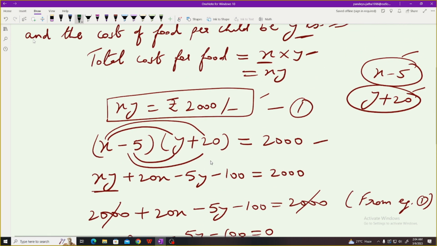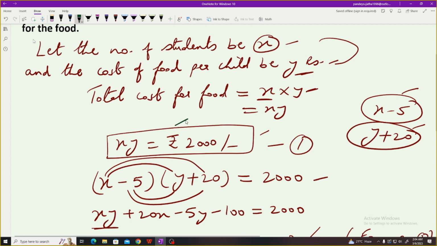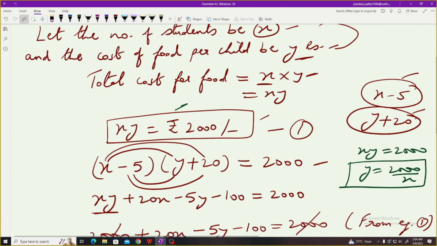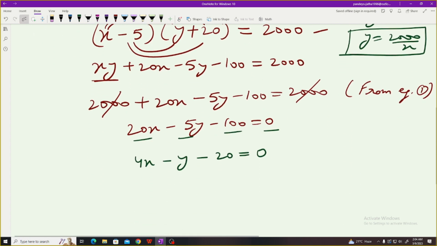Replace the value of y. Since xy is equal to 2000, y will be equal to 2000 upon x. So in place of y, we are going to write 2000 upon x. So 4x minus 2000 upon x minus 20 equal to 0.